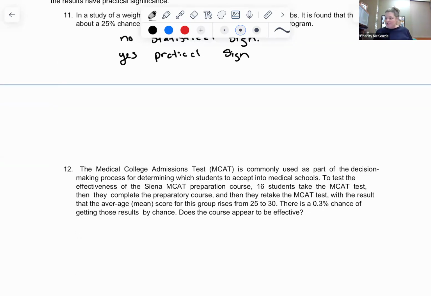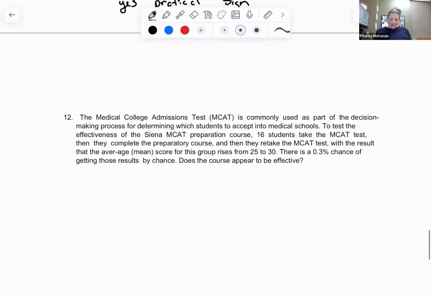Oh, super wordy question, Charity. The Medical College Admission Test, the MCAT, is commonly used as part of the decision-making process for determining which students to accept into a medical school. To test the effectiveness of this preparation course, 16 students take the, I think that's what it's called, MCAT test.